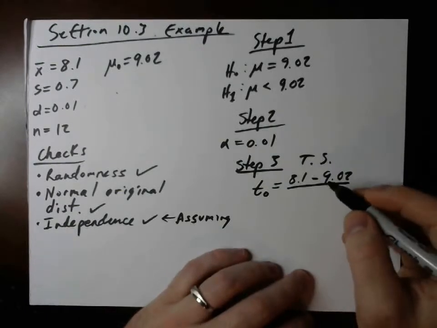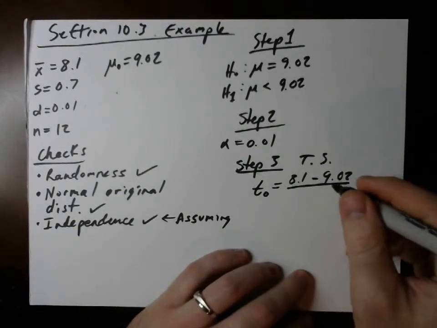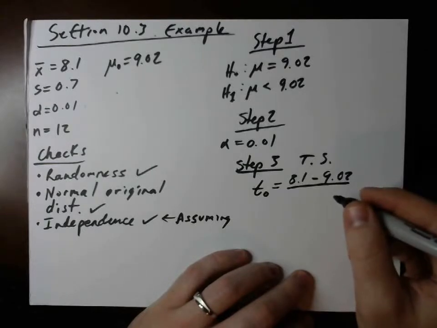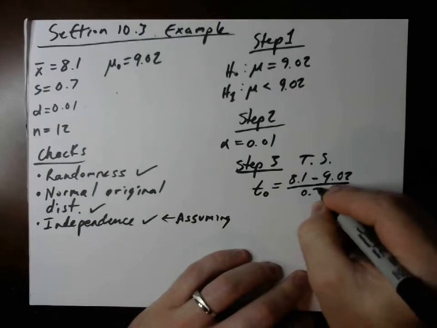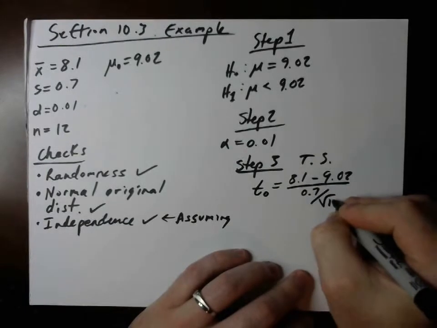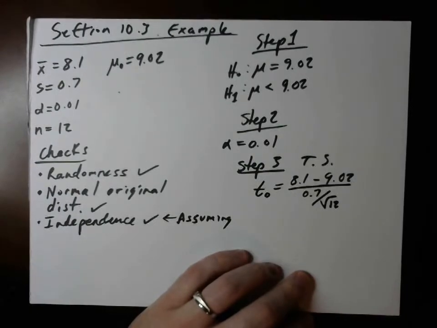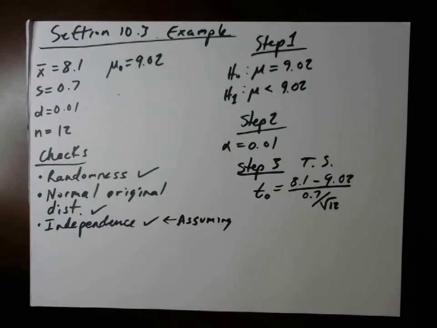Okay, and we would be dividing by s by the square root of n, like that. And so we would calculate 8.1 minus 9.02.